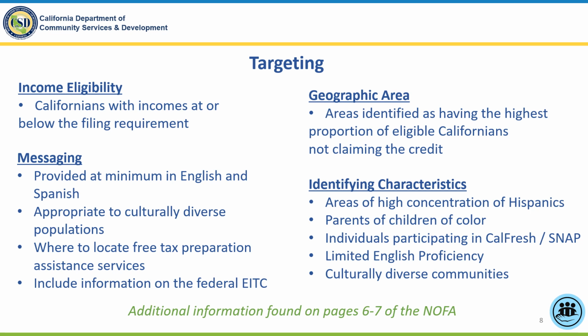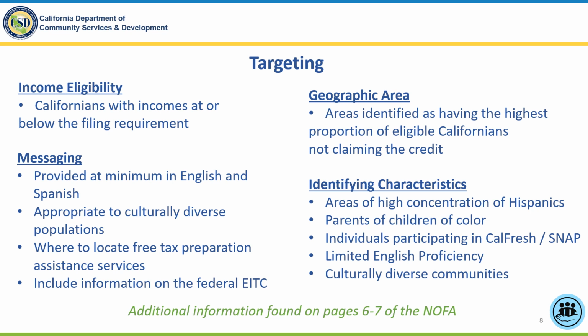Activities should be conducted in different languages as appropriate to engage culturally diverse populations in the target area for which you are applying to serve. Messaging should also include how eligible Californians can access free tax preparation assistance services. Targeting should include Californians who have never claimed EITC.